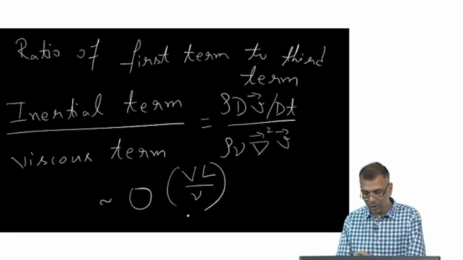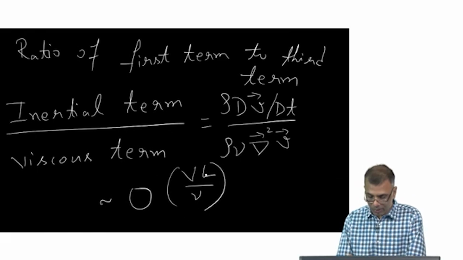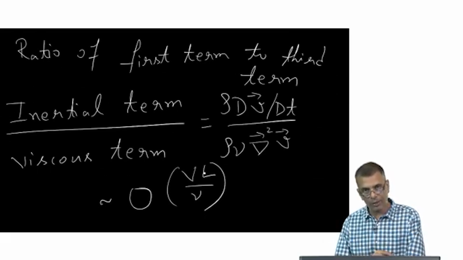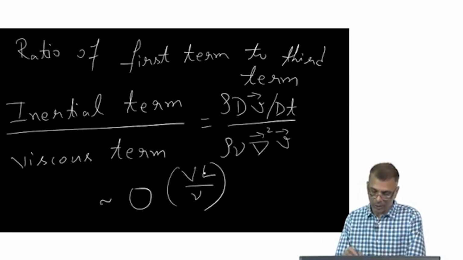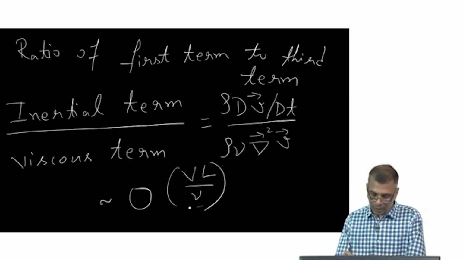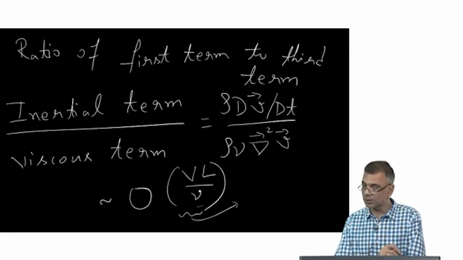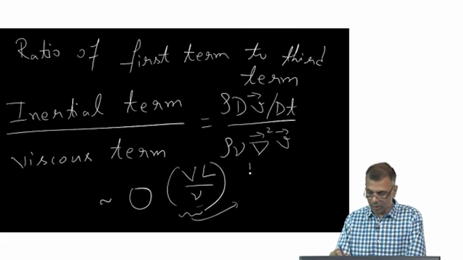This is essentially some characteristic velocity in the fluid times some characteristic length scale in the fluid flow to be precise, and nu is the coefficient of dynamic viscosity. And this term is another dimensionless number. You can verify that this is dimensionless indeed, that the dimensions are 0. And this term is something called the Reynolds number.